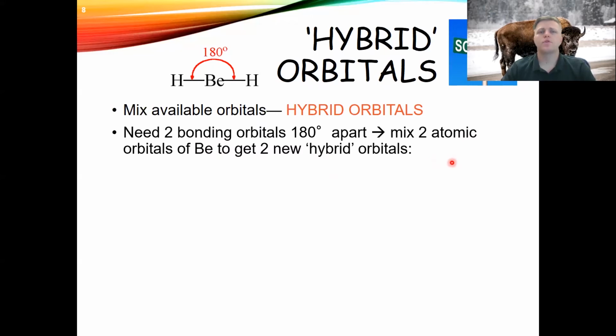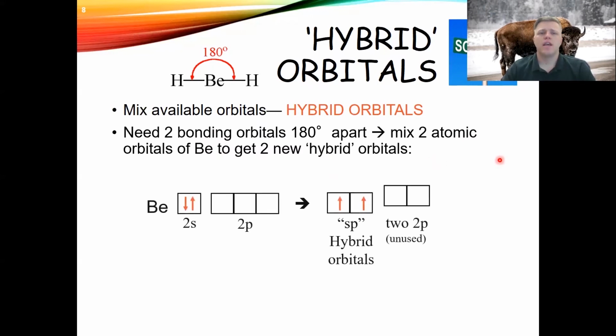So let's look at what that looks like in terms of electron configuration. So beryllium has these 2 paired electrons in the 2s orbital. But since we need 2 orbitals, we're going to take 2 of beryllium's orbitals, kind of mush them together, and then divide that mush in half. So now we're going to have two sp orbitals.